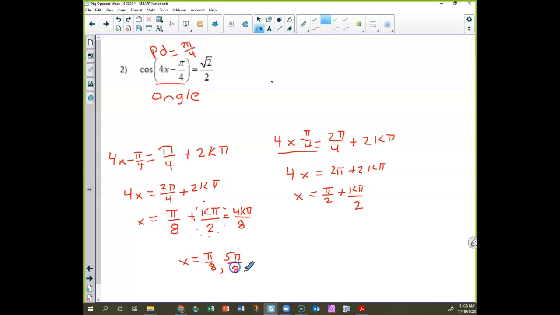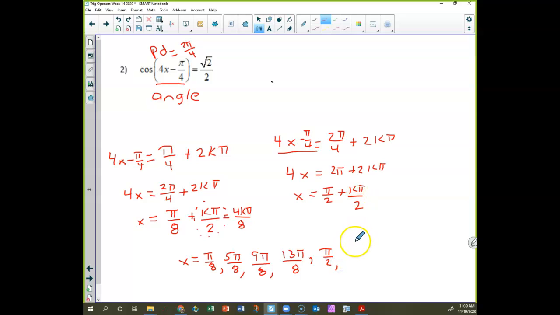I'm going to keep adding my period. 9 pi over 8. 13 pi over 8. 17 pi over 8. And I'm going to go till I get to 2 pi. So it is helpful to think of 2 pi in terms of eighths. That's 16 eighths. I don't want to go any farther. So I so far have 4 solutions. I got some more over here. All right, I got pi over 2 is a solution.